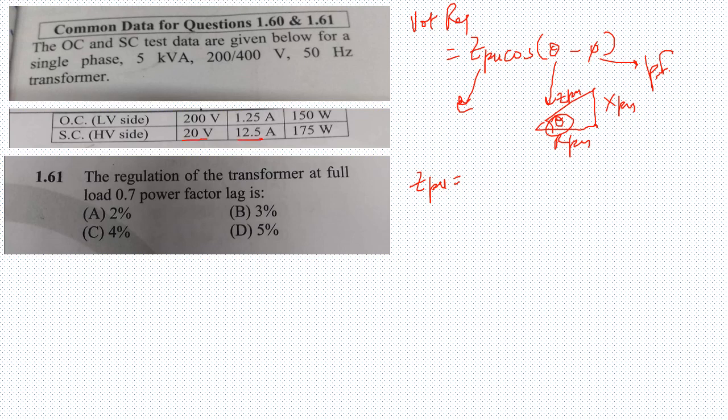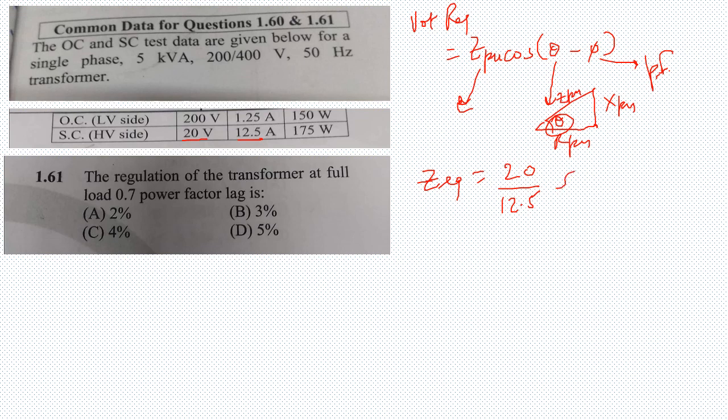So Z equivalent, equivalent meaning both primary and secondary side, will be 20 over 12.5.